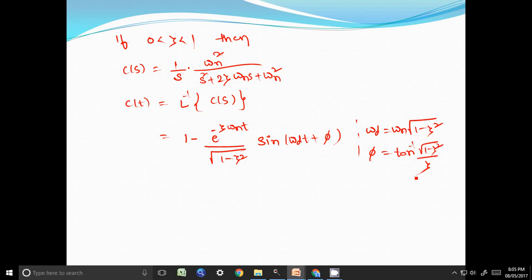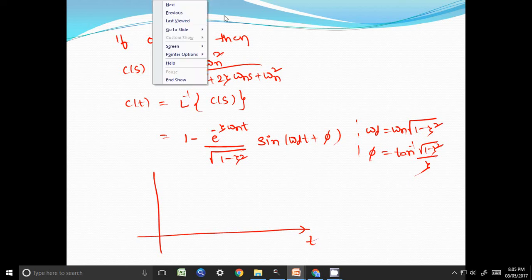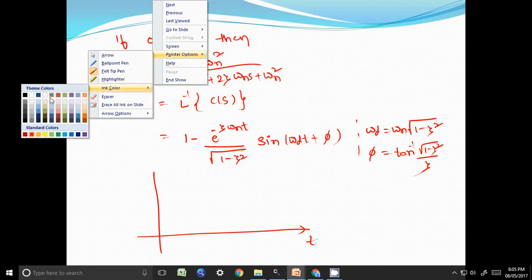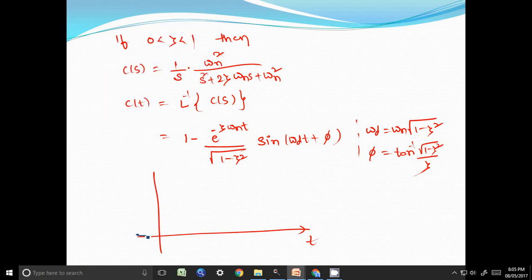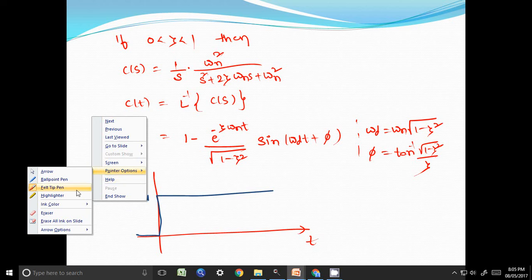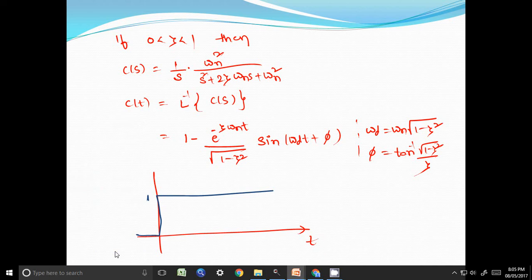If I plot both input and output here, this is the unit step input that I have applied. Now the output will be something like this. This is the output c(t).